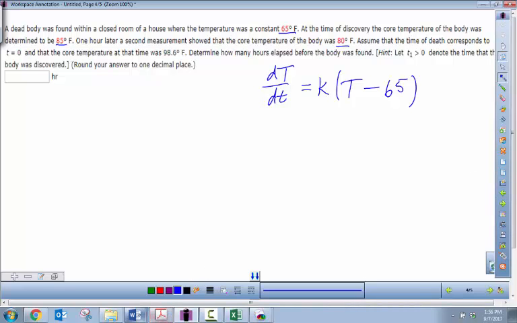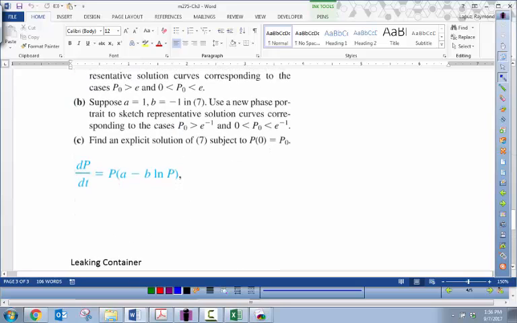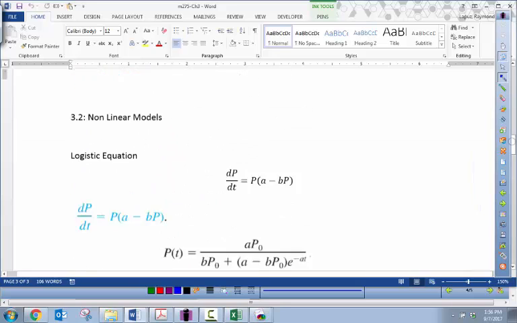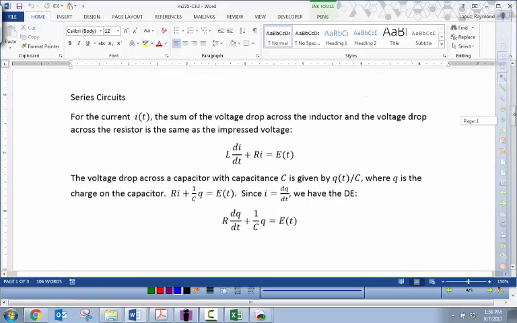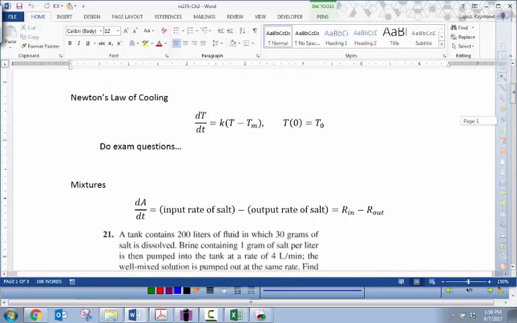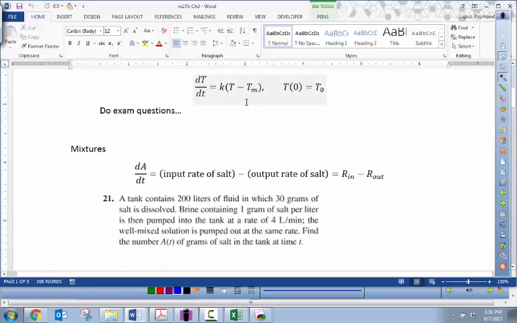It's in my notes. A e to the kt plus 65. I don't remember it, but yeah, that sounds familiar.